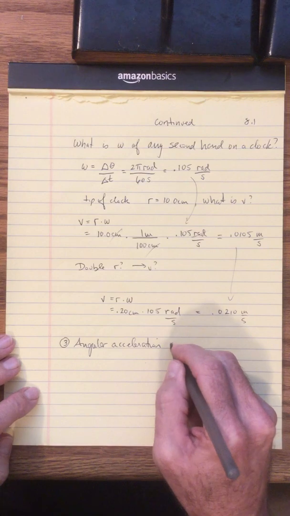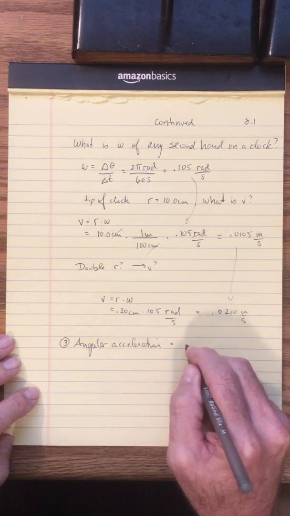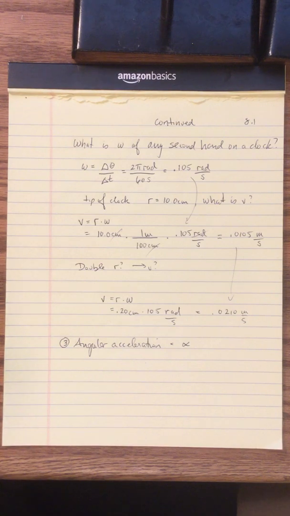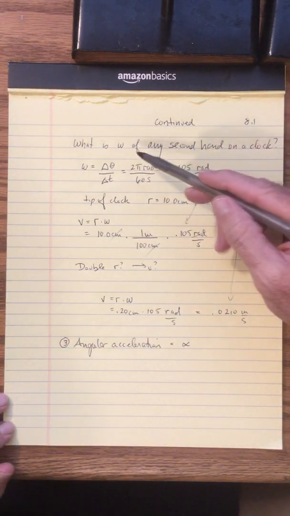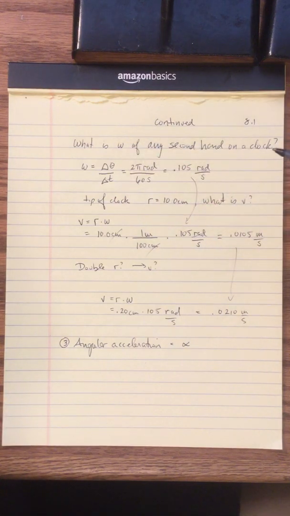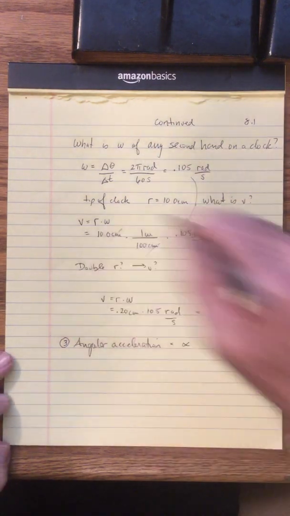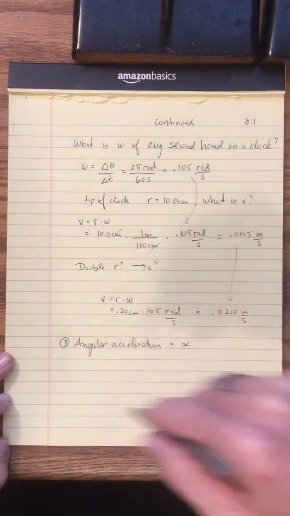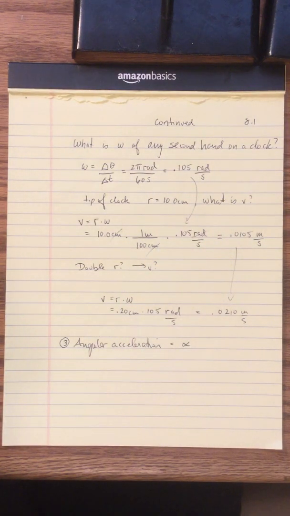Angular acceleration is going to be the Greek letter lowercase alpha. When we were looking at the omega, that's the rate of the spin. And the rate of the spin is the same on any disk. If you go to a different disk with a different spinning rate, of course, you can have a different omega there.